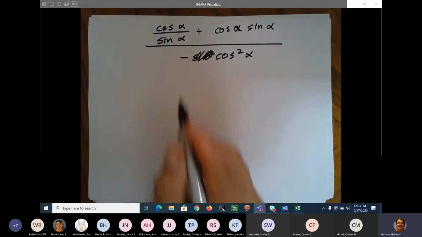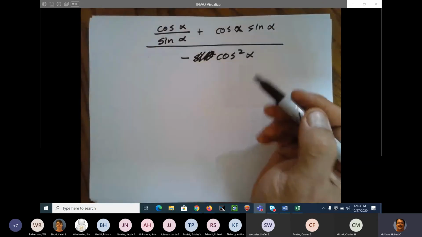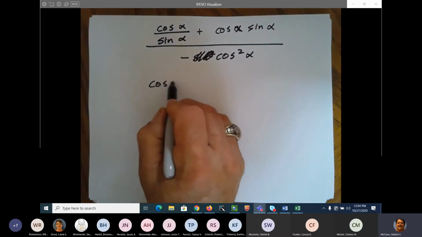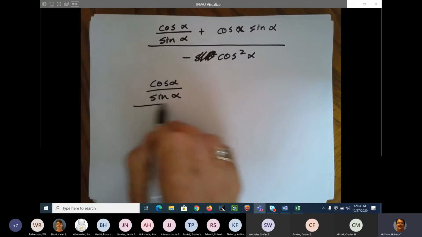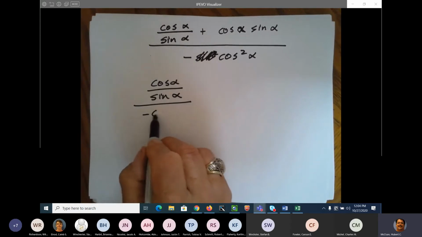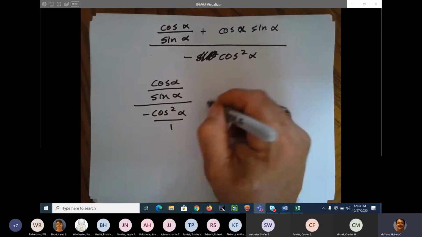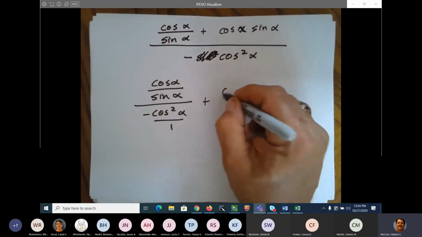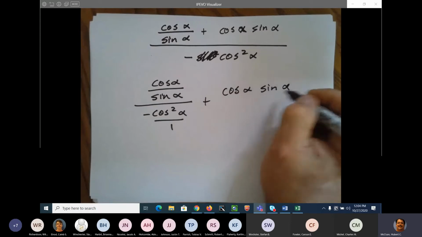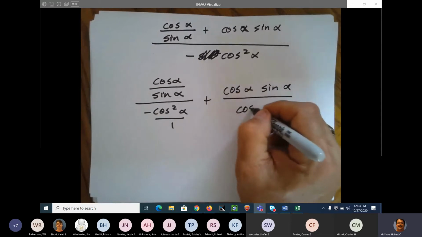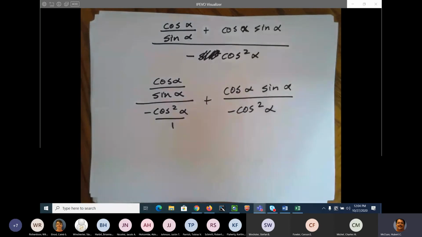Now I'm going to put this one over the common denominator and this one over the common denominator. So cosine of alpha over sine of alpha divided by negative cosine squared alpha over 1 plus cosine of alpha sine of alpha over cosine squared alpha.